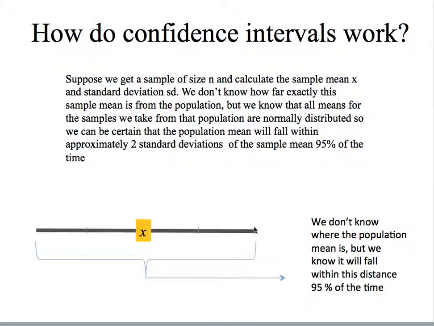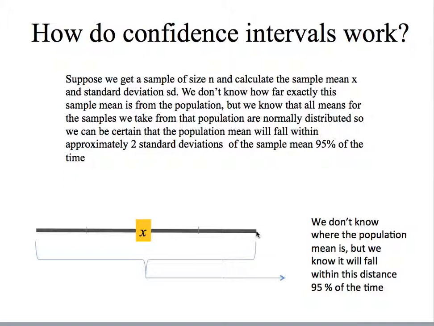So when we construct confidence intervals, we get the sample result and we create a confidence interval that is about 2 standard deviations away from that mean when we want to be 95% sure.